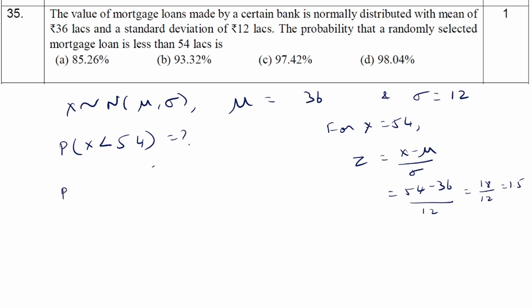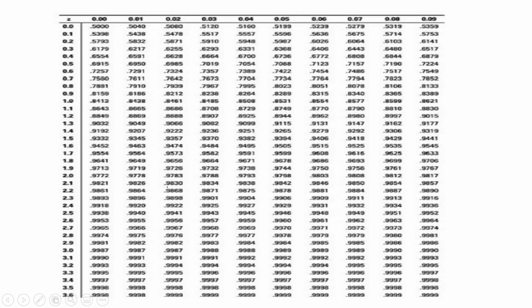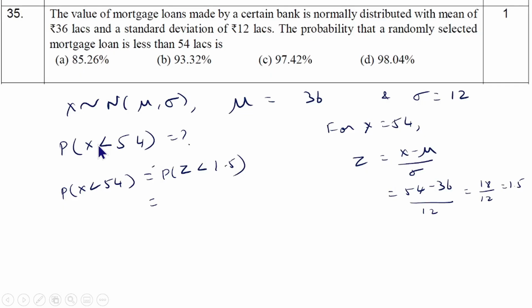So probability of x less than 54 is equal to probability of z less than 1.5. This is very easy. We see the z-score table. Probability of z less than 1.5 is 0.9332. So the correct option is option B, 93.32%.